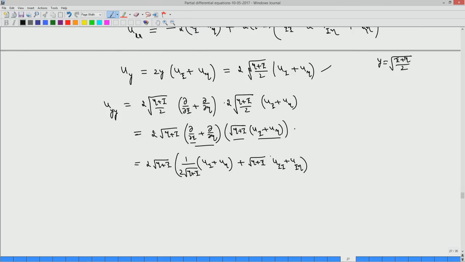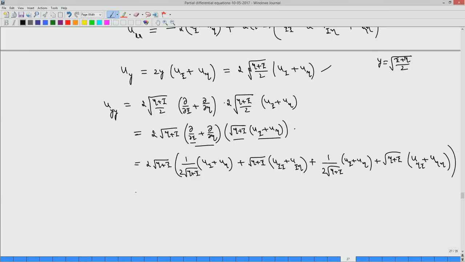And then if you differentiate with respect to eta, you get again 1 by 2 square root of eta plus xi into u xi plus u eta plus square root of eta plus xi into u eta xi plus u eta eta.